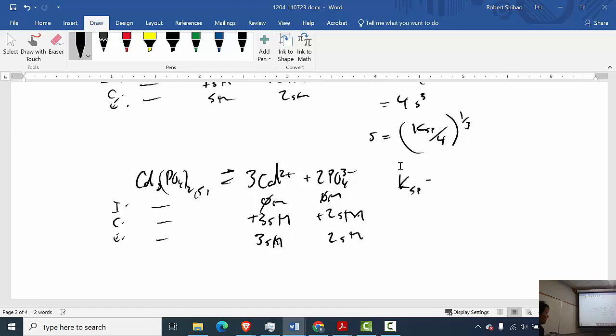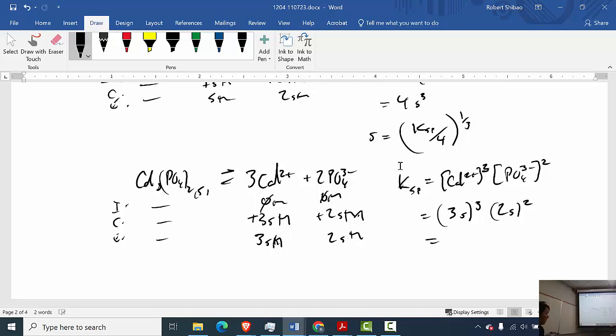And then the KSP is equal to the cadmium concentration times the phosphate concentration. Actually, cadmium should be cubed. Sorry. Phosphate should be squared. So this is going to be 3s quantity cubed, 2s quantity squared.